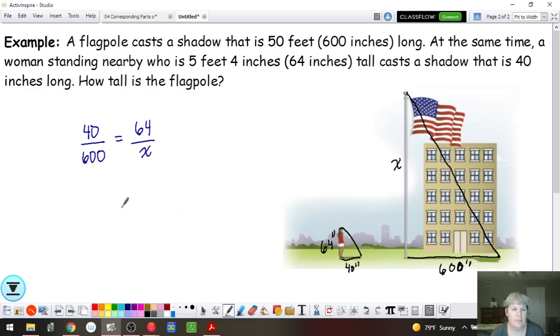Now, to help us a little with solving this, I can simplify my 40 over 600, so I don't have to work with such big numbers. I could divide both of them by 10.